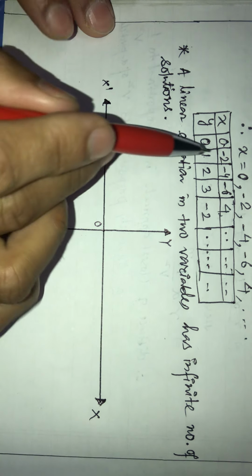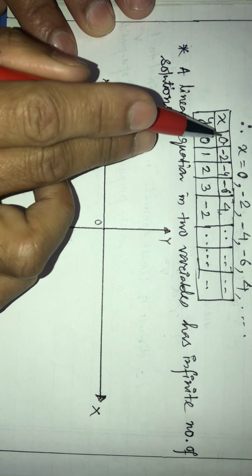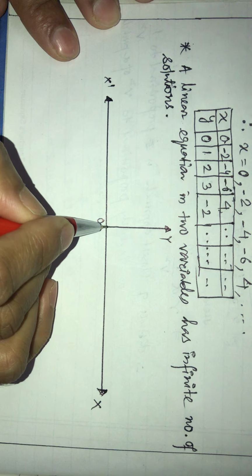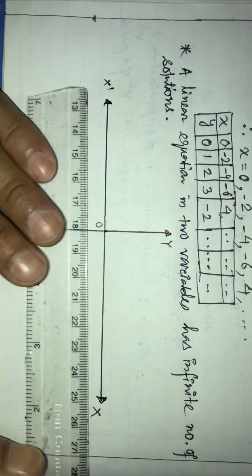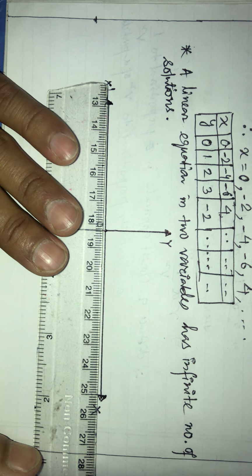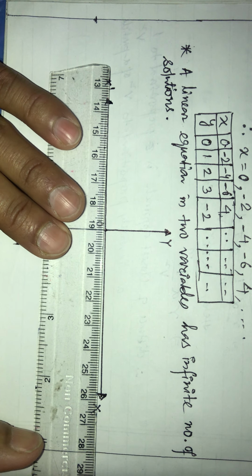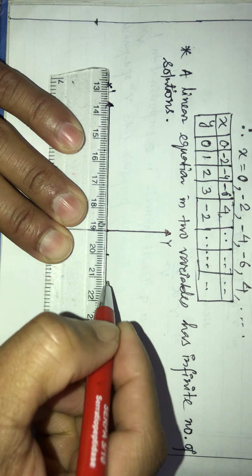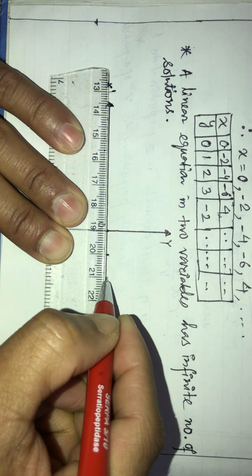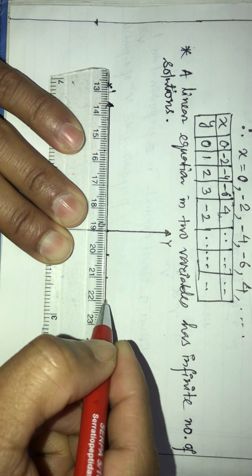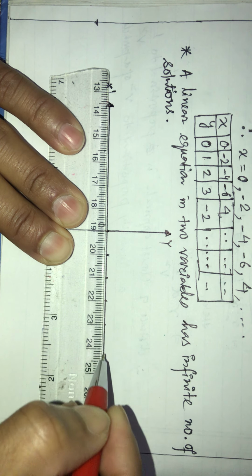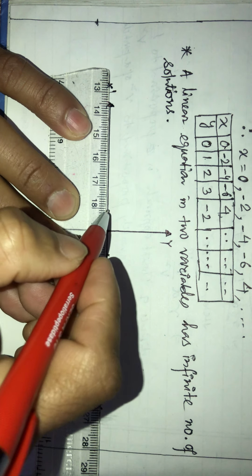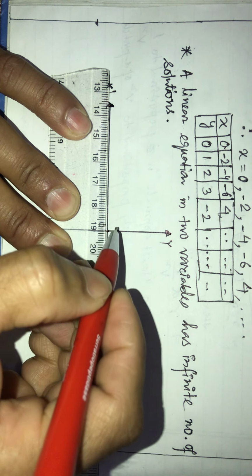Now if I want to plot all these values, 0, 0, x 0, y 0, let me mark all this first. I'm not using graph paper, so I advise all of you to use graph paper, proper graph paper with the proper scale. Graph paper is better, so I want all of you to use graph paper only.